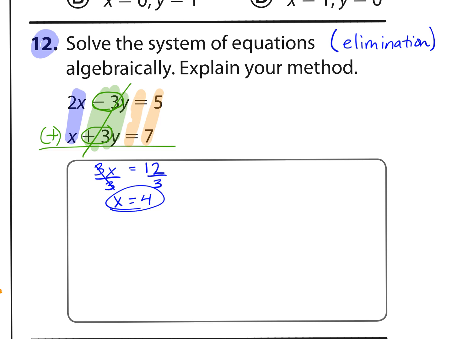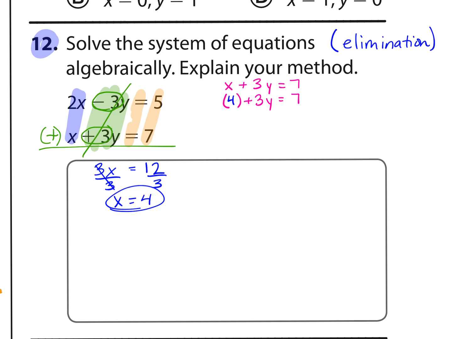Now, once again, to find y, we choose either of these two equations. I'm going to choose the second equation, and I'm going to plug in the value for x, which is 4. And we're going to solve for y.